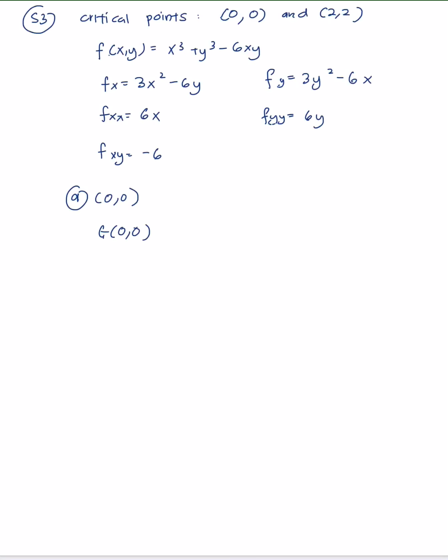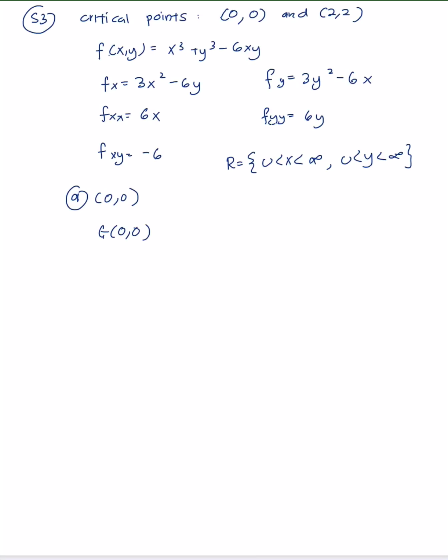Before I forget, since the critical points are (0, 0) and (2, 2), we know that the region is x from 0 to infinity and y from 0 to infinity.